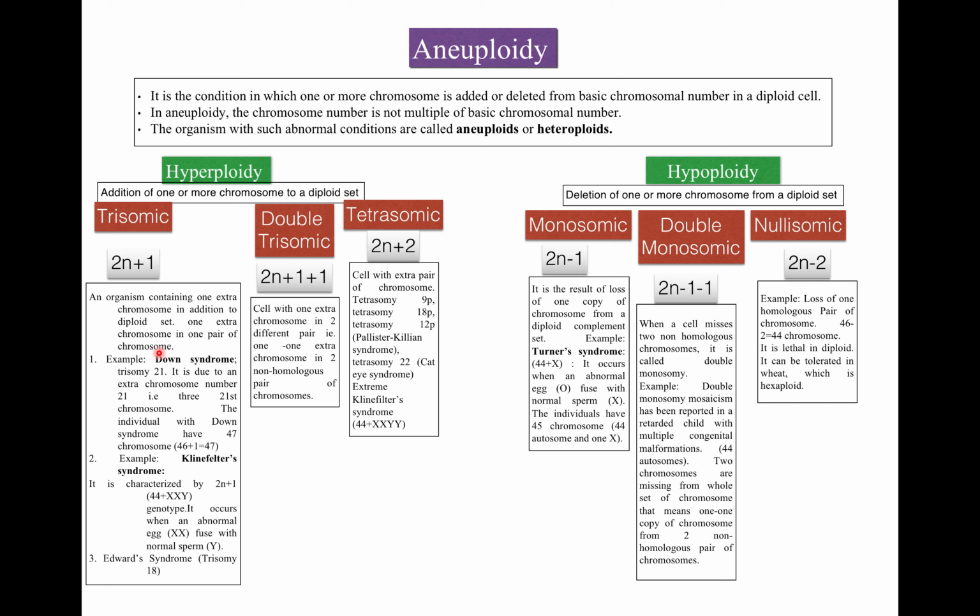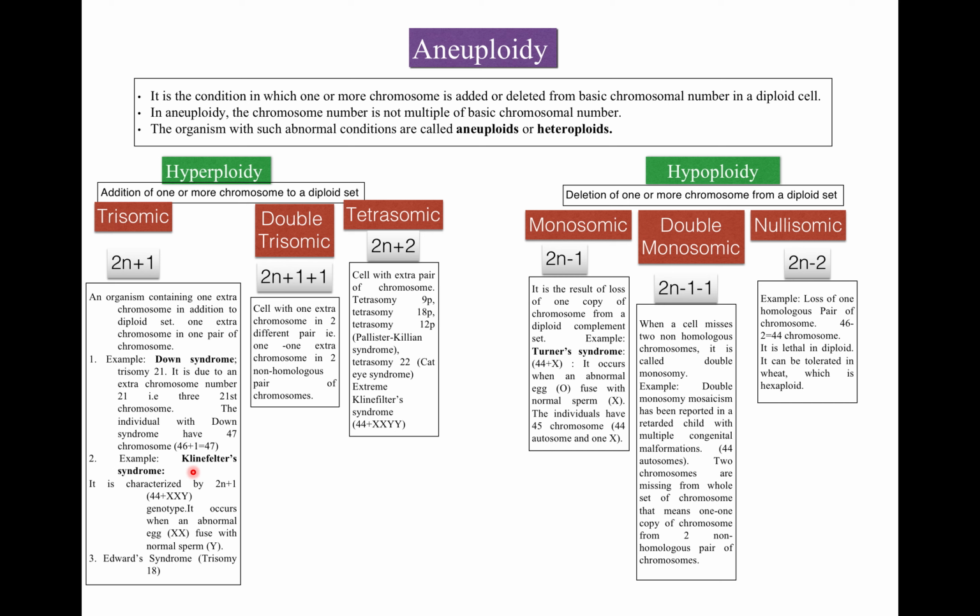The individual with Down syndrome has 46 plus 1, that is 47 chromosomes. So a person having Down syndrome will have 47 chromosomes.